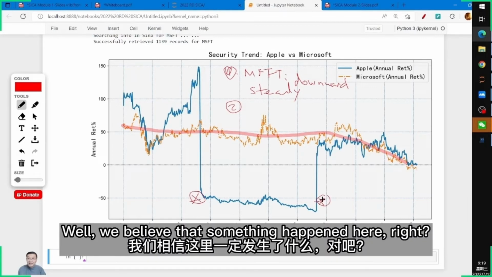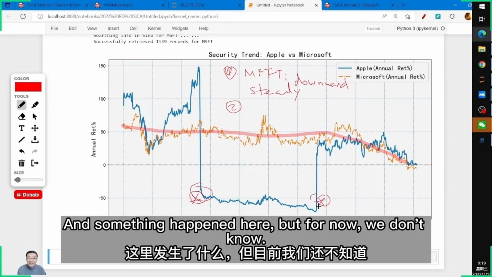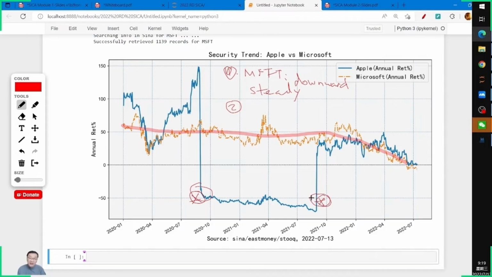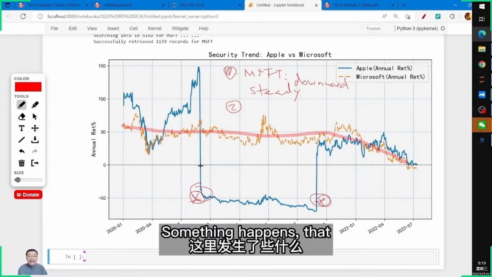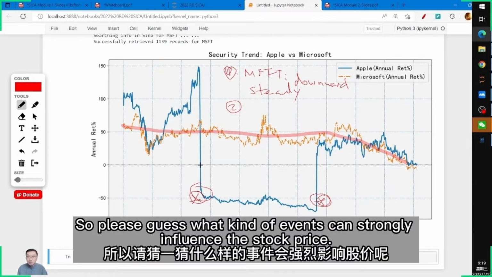We believe that something happened here, and something happened here, but for now we don't know. Something happened that can dramatically impact Apple's stock price. So please guess, what kind of events can strongly influence a stock's price?